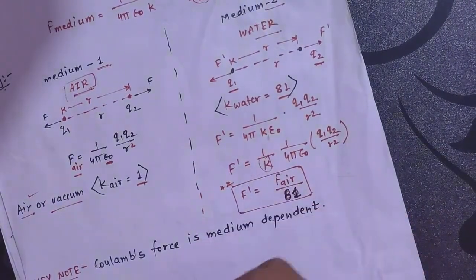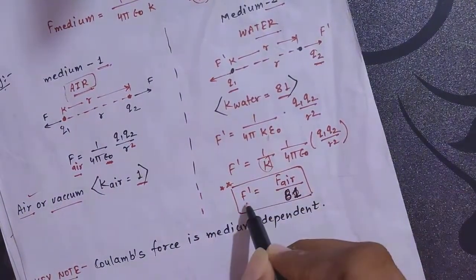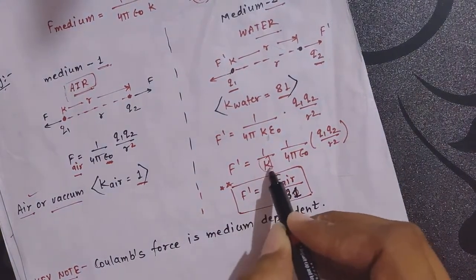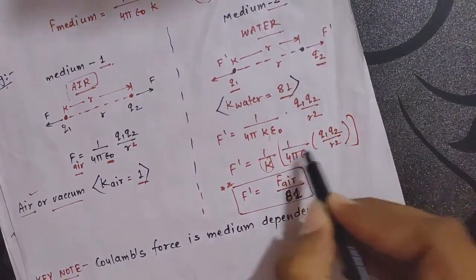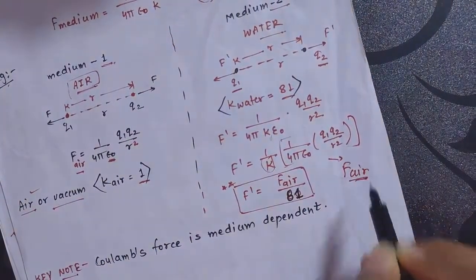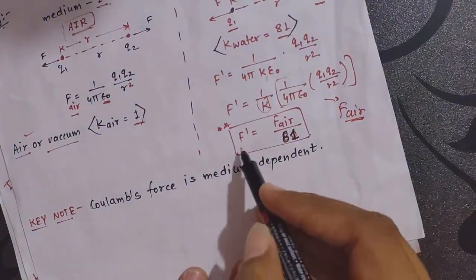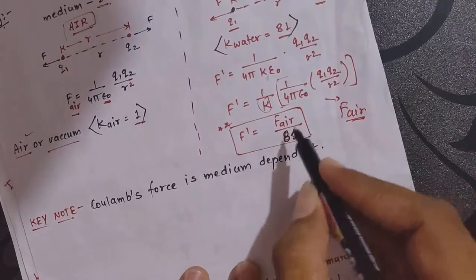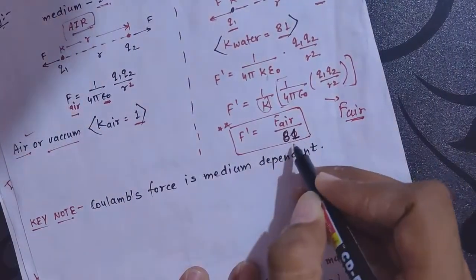Here K is the dielectric constant, so F dash is equal to 1 upon K times this value, which is F air. So the final result is F dash equal to F air upon 81.